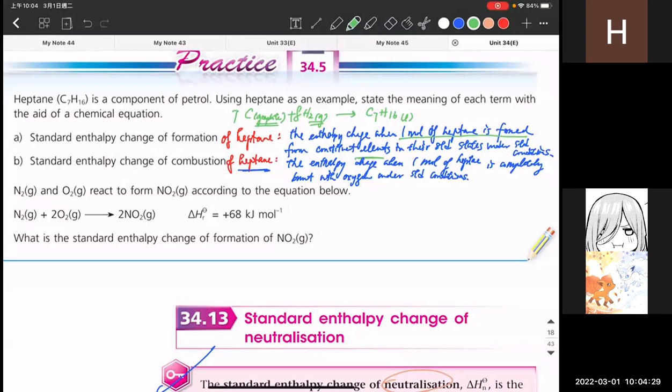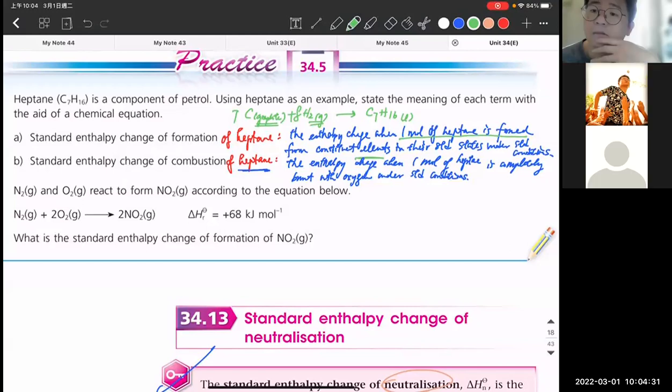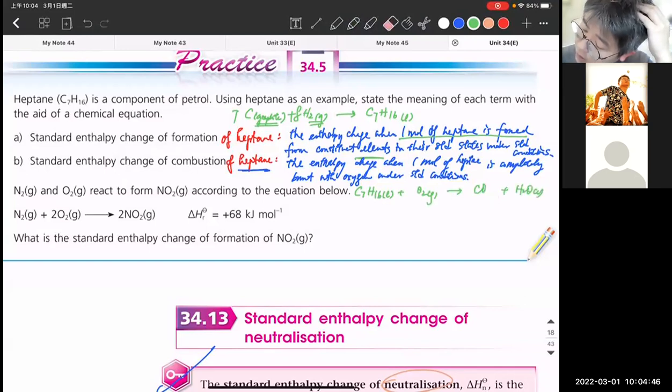C7H16 liquid plus O2 to form CO2 and H2O, and then balance. Yes, you're going to balance it. You are going to have carbon dioxide and water. So what are the stoichiometric coefficients?